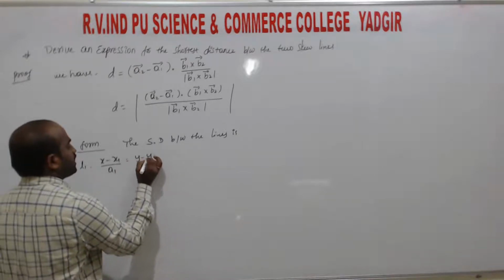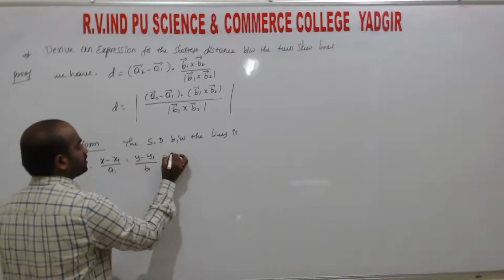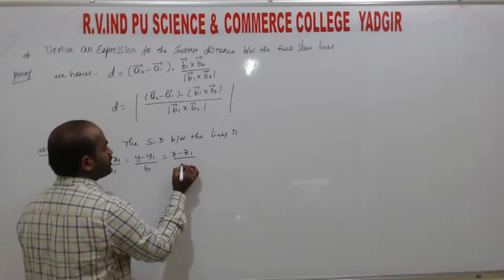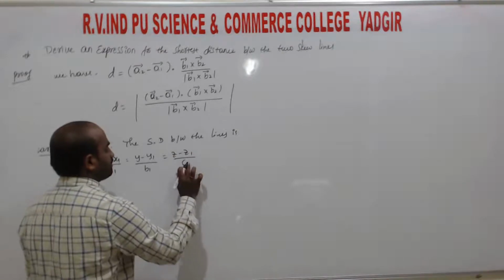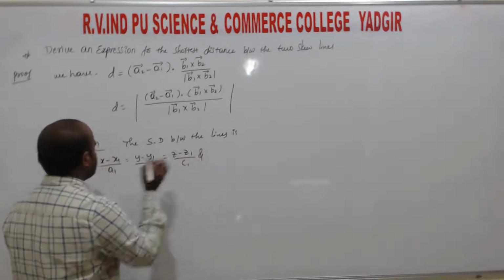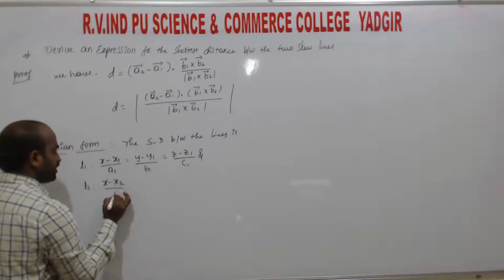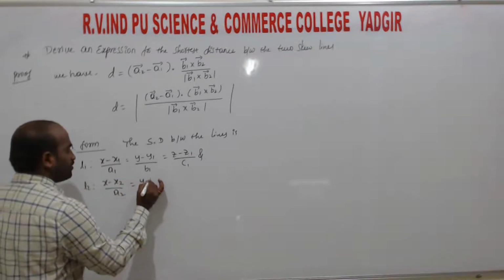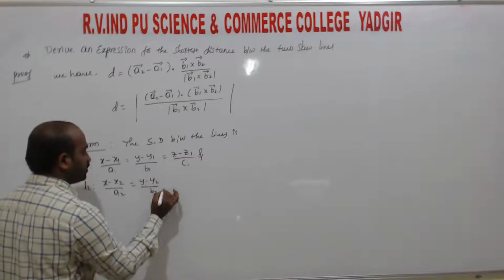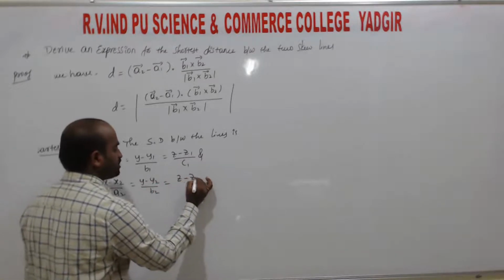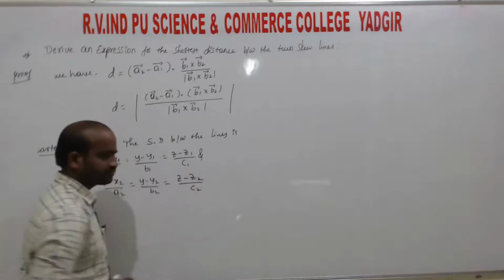L1: x minus x1 divided by a1 equal to y minus y1 divided by b1 equal to z minus z1 divided by c1, and L2: x minus x2 divided by a2 equal to y minus y2 divided by b2 equal to z minus z2 divided by c2.